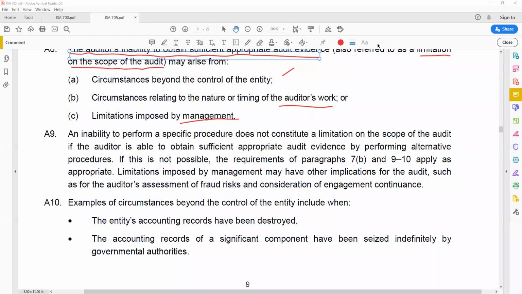Or they have been seized, for example, by KRA. Maybe KRA said the company is not filing returns, so they just come and take the documents and the company computers, to an extent that you as an auditor have no access to the records of the company.